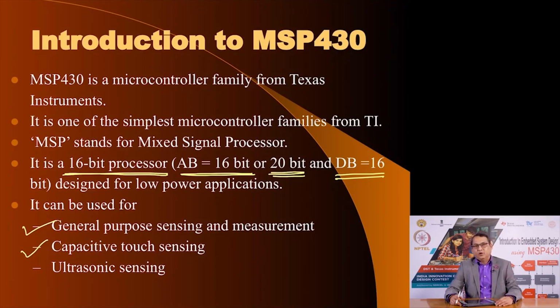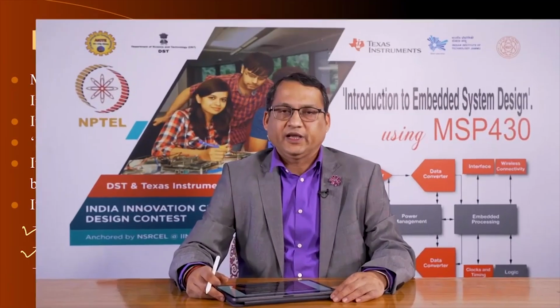And so, almost all the pins or a lot of pins of the MSP430 microcontroller have a capability to be sensed using capacitive touch sensing. It can also be used for ultrasonic sensing. Ultrasonics are frequencies above 20 kilohertz. So, it has special support for creating waveforms so that you can operate in the ultrasonic range.